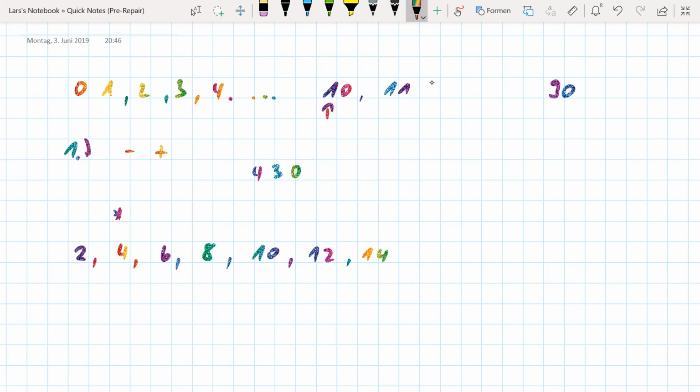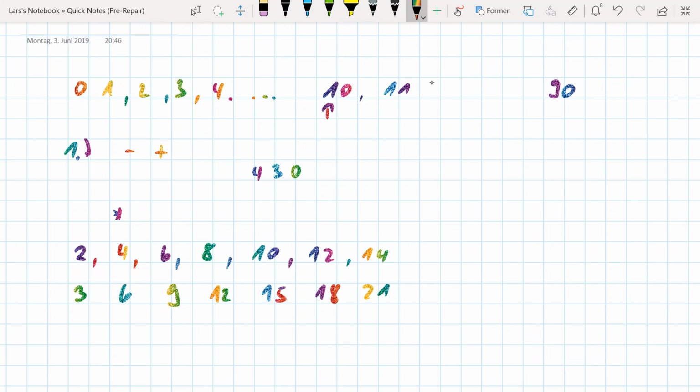For the next row it's 3, 6, 9, 12, 15, 18, 21 and so on. Mathematics is all about patterns, so most of the time you'll learn the rows until 10 times the row you're learning.